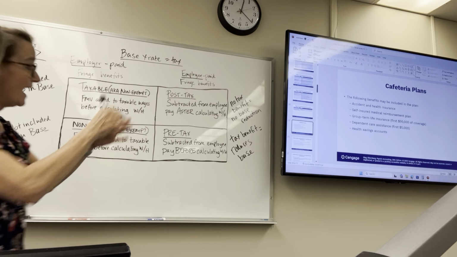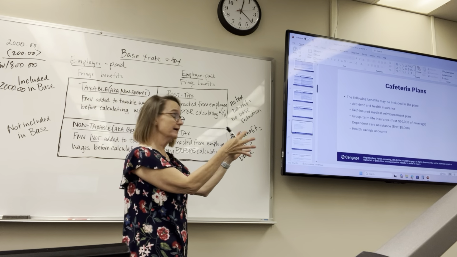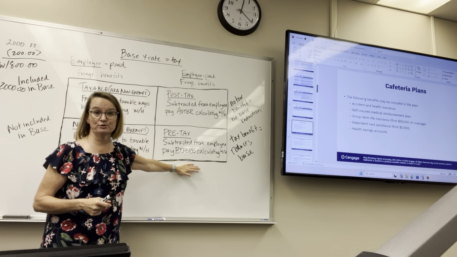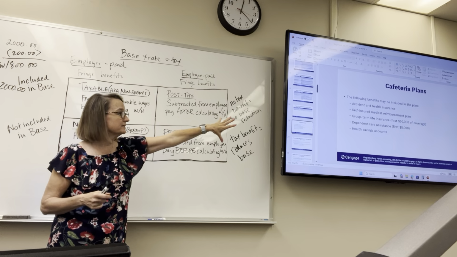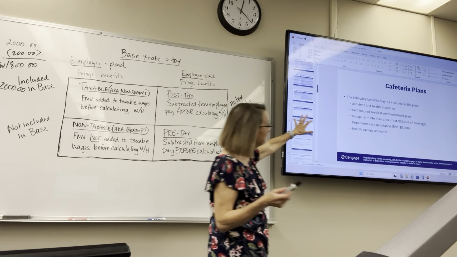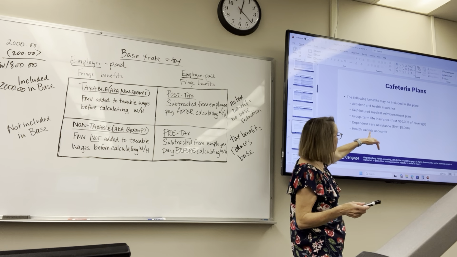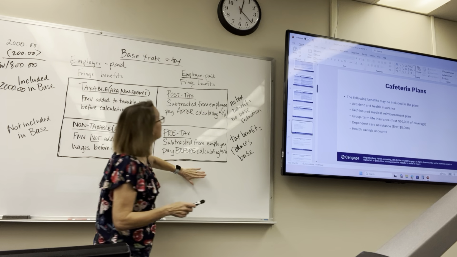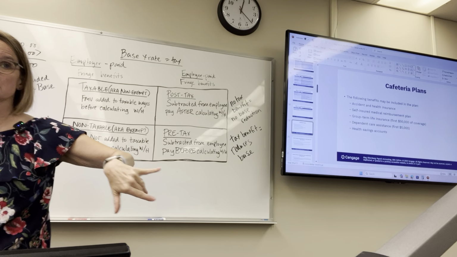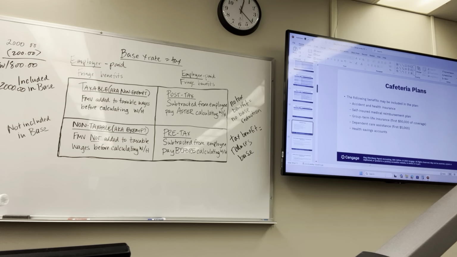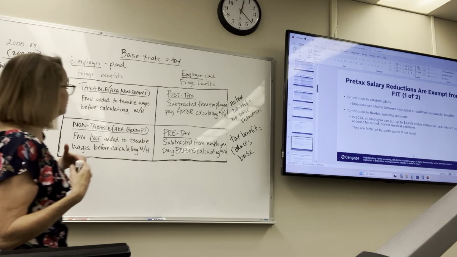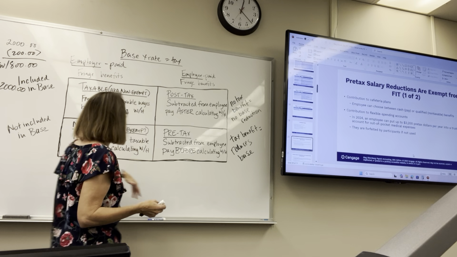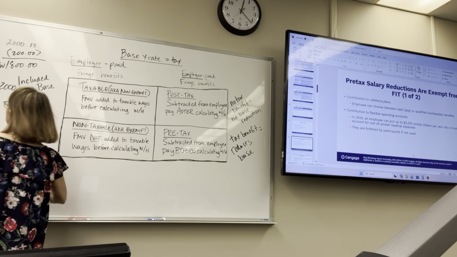And what happens is, if it's in a cafeteria plan, it makes the benefit pre-tax. Now, these are all things that employers may contribute to, but for the most part, there are amounts that employees will pay. So it makes it pre-tax. Health insurance is a great example. You're paying toward health insurance.